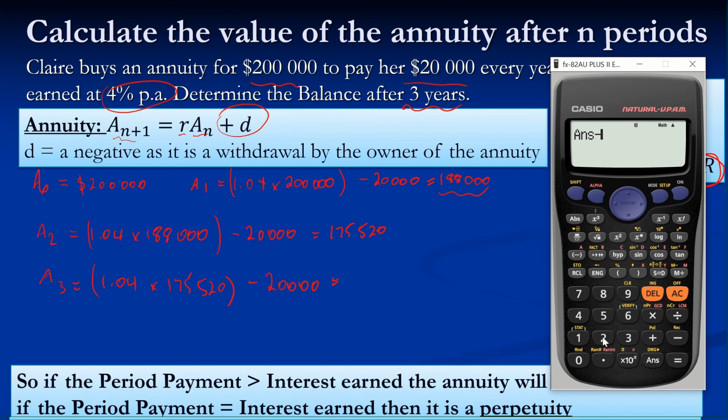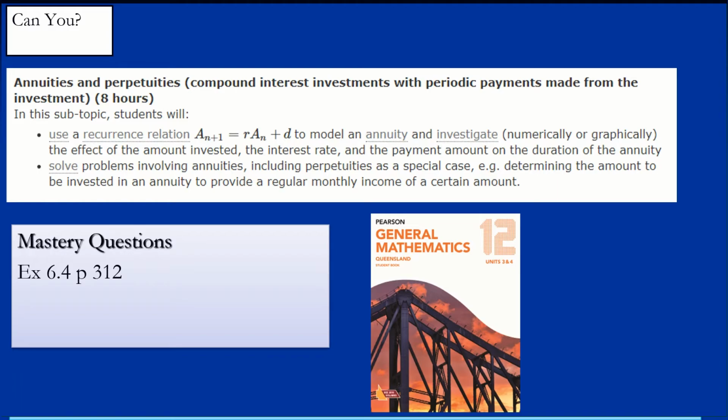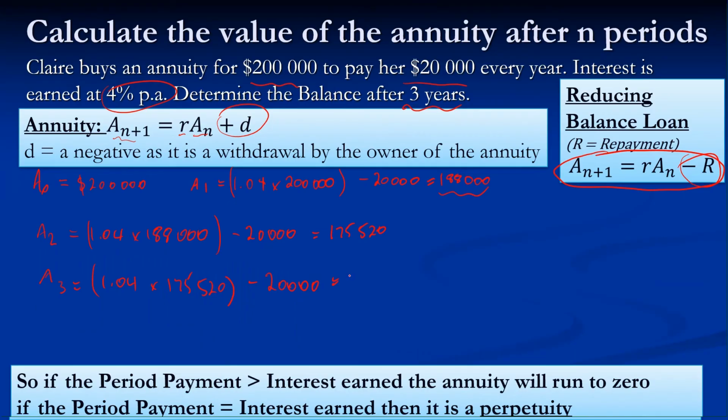And then we just need to take away that 20,000. And that should be $162,540. So the balance after 3 years is $162,540.